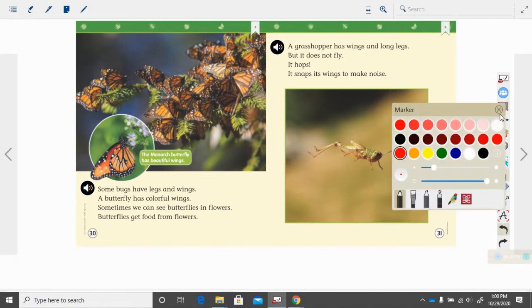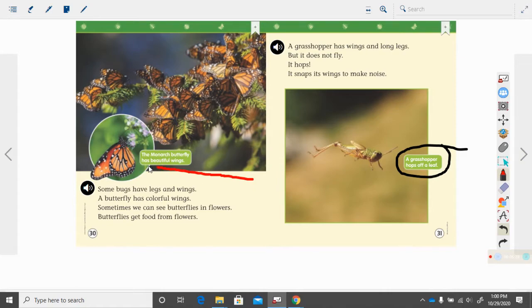I would like you to look at this section that I'm circling in red, this page. Can you find the word we on this page? We've been looking at the sight word we a lot in some different things. Can you find we on this page? It's right here, isn't it?